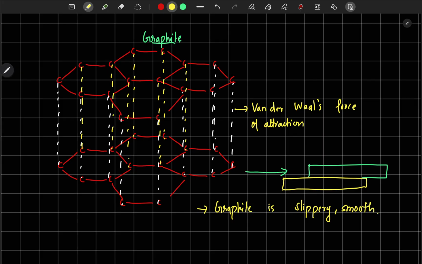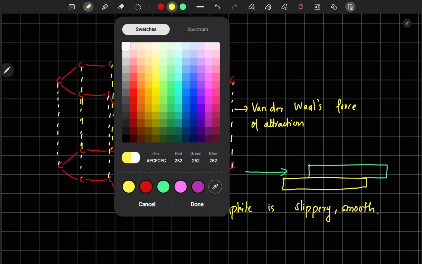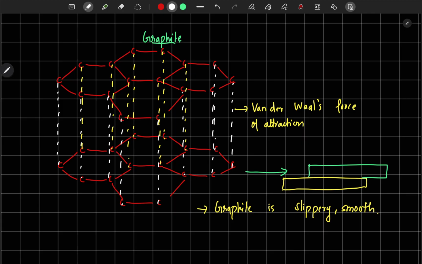And the most important point about graphite is, look here, each carbon is bonded to only 3 carbons. But we know that one carbon is able to form 4 bonds.